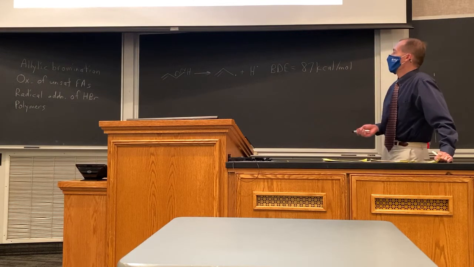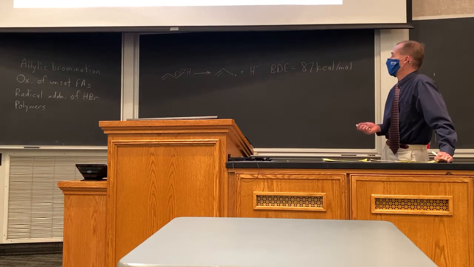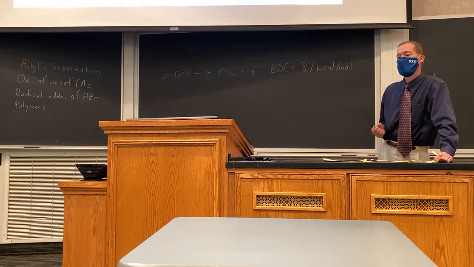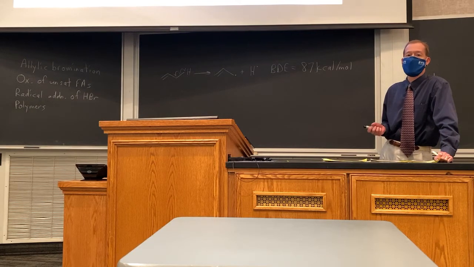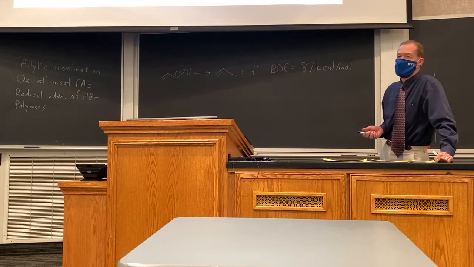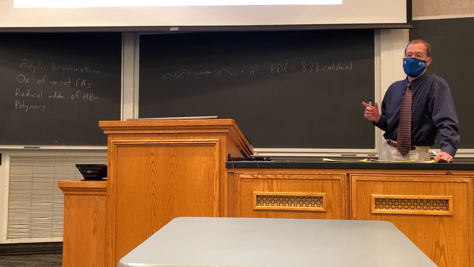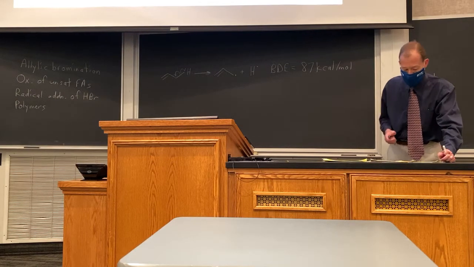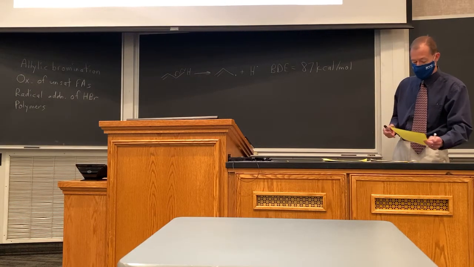So if we look at an alkene such as propene that has an allylic carbon. Remember, an allylic carbon is an sp3 carbon that is bonded to an sp2 carbon. We can measure the bond dissociation energy for one of the allylic carbon-hydrogen bonds, and we find that it is 87 kilocalories per mole.